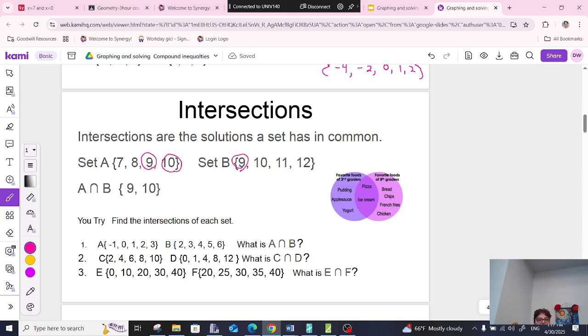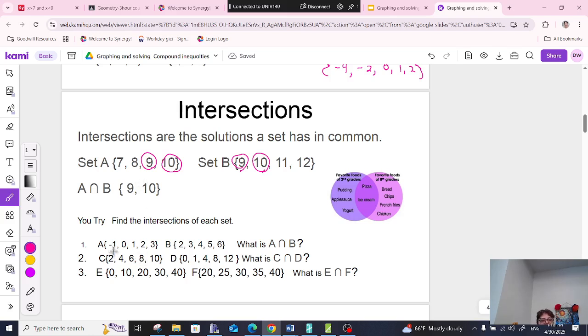And 10 is here and 10 is here. Is 11 over here? No. So no 12. So there is only 2 numbers that were in both, 9 and 10. And that's called an intersection. So intersections are numbers they have in common, right?